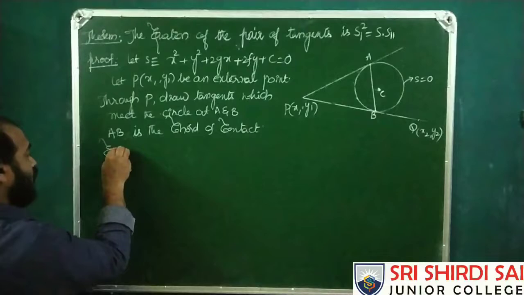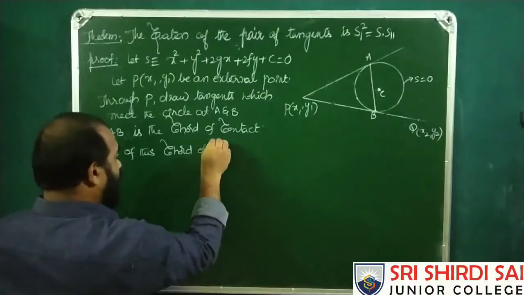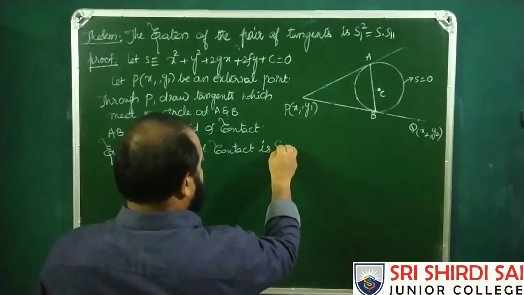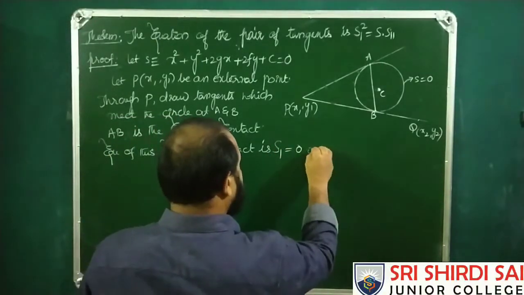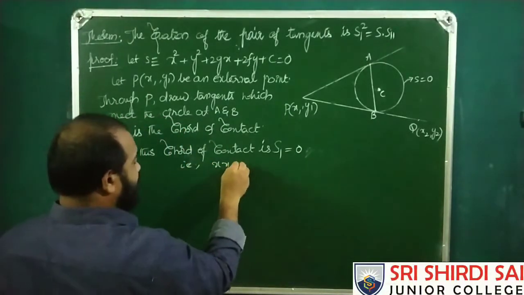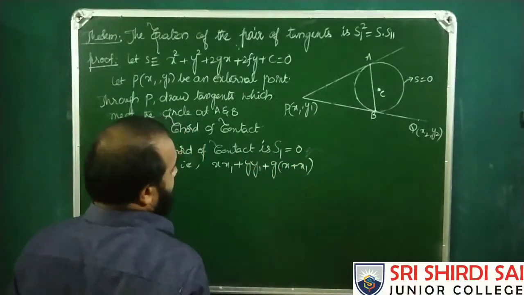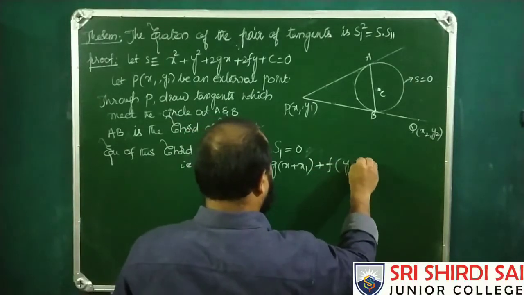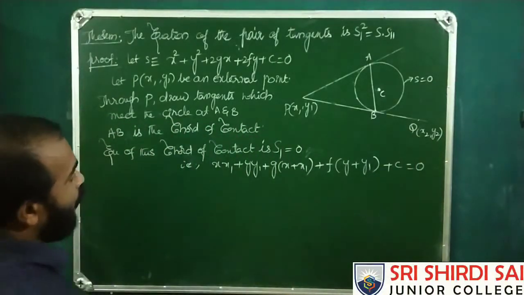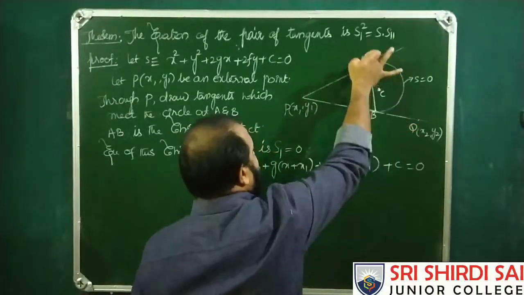The equation of this chord of contact is S1 equals to 0, that is x x1 plus y y1 plus g times (x plus x1) plus f times (y plus y1) plus c equals to 0. Now see, AB is the line, the chord of contact is the line itself.